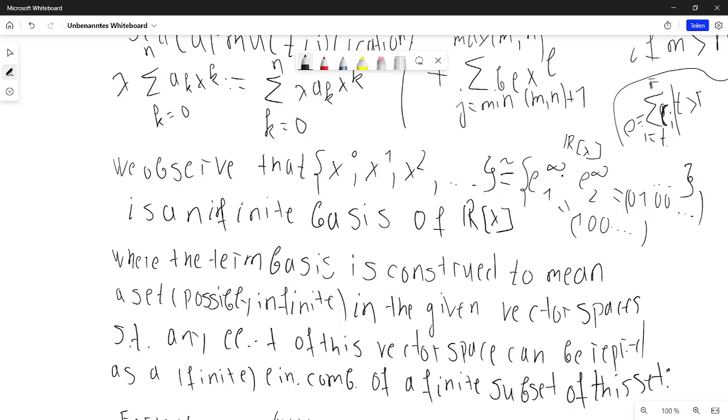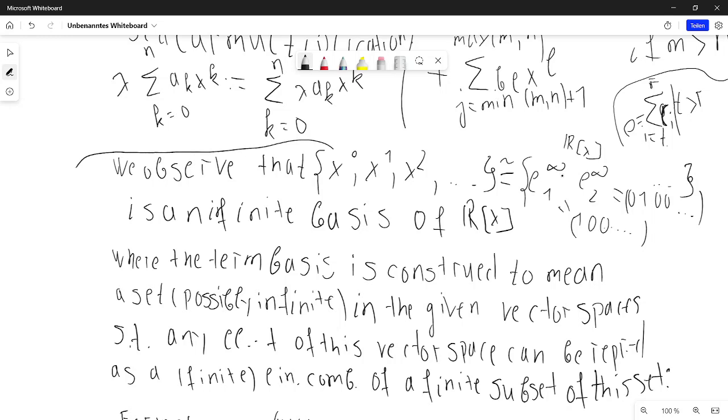Maybe you could just think about how that actually works. It's just that x^0 is not the same thing as x^1 and so on. I just call it x1, x to the power of 2, x to the power of 3, they are just different things. And you can see that because you can construe them as functions.